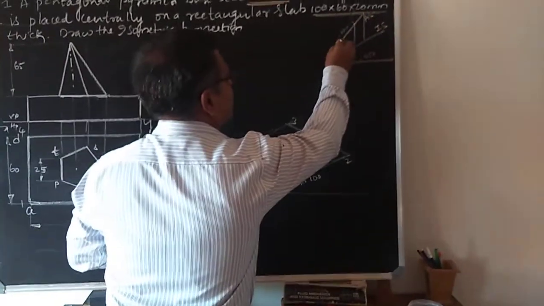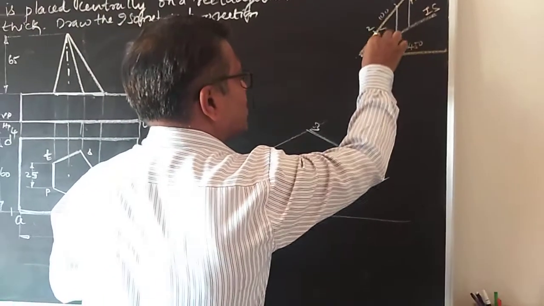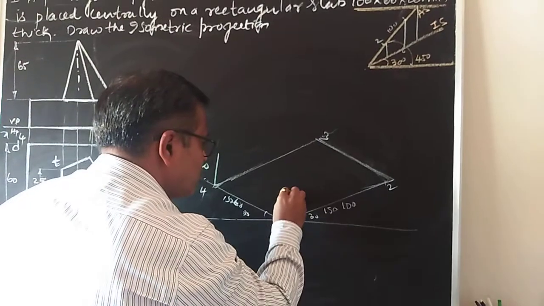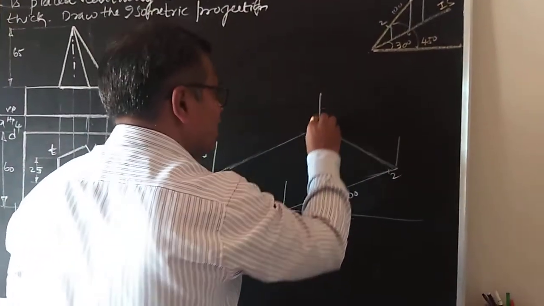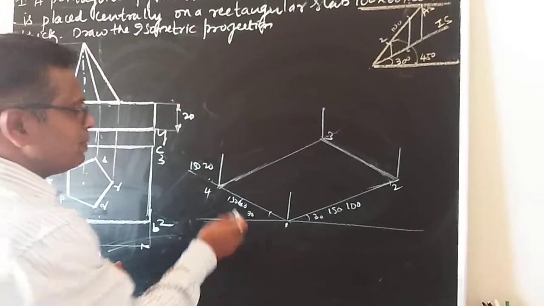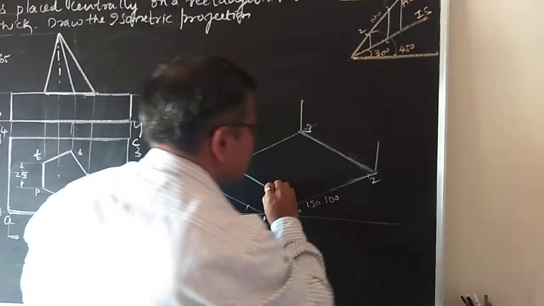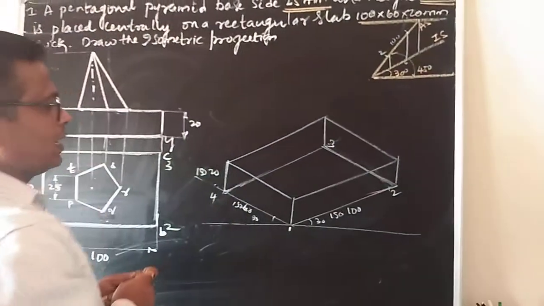Measure actual 20 mm on the 45 degree line and drop a vertical projector. This is the iso length of 20 mm. Take the iso length of 20 mm from each corner. After erecting, you connect these. You got a rectangular block.